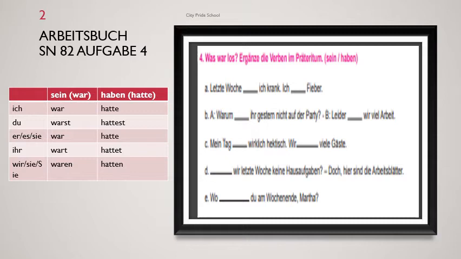Of course we had exercise. Here are the worksheets. Arbeitsblätter bedeutet worksheets. Wo blank du am Wochenende? Am Wochenende is on the weekend. So I hope the meanings are clear. Now in our live class we will discuss the answers of the same. Now let's move ahead.